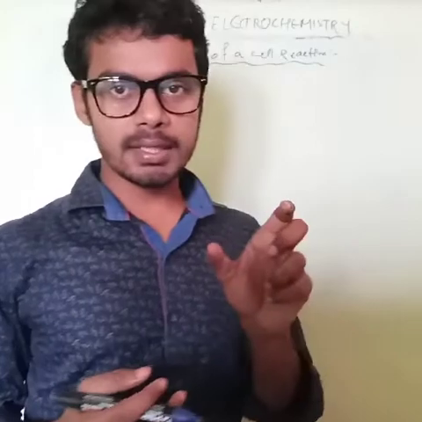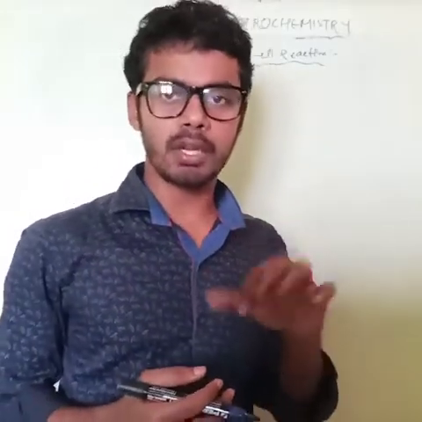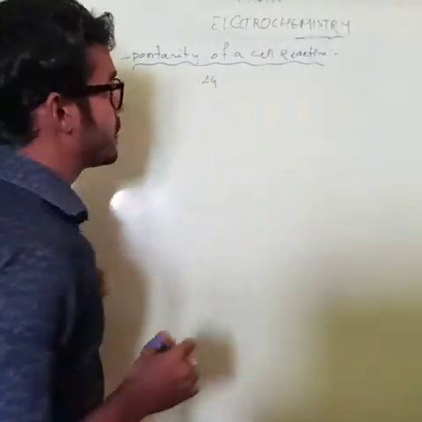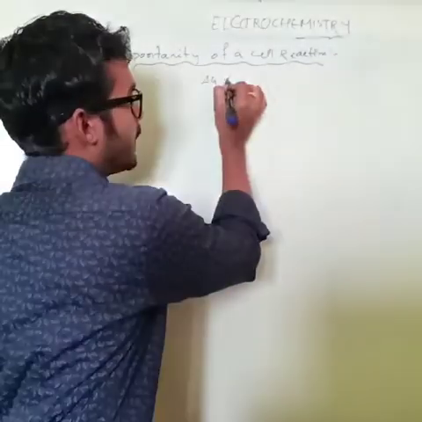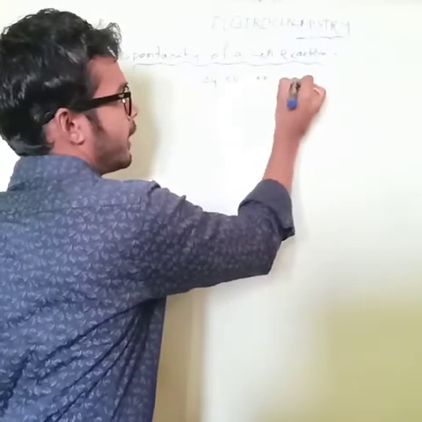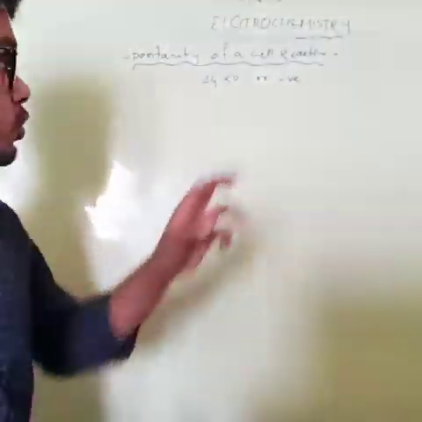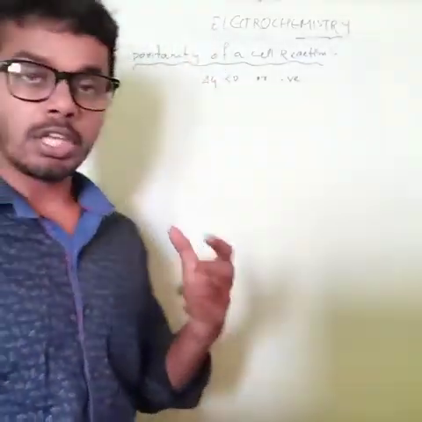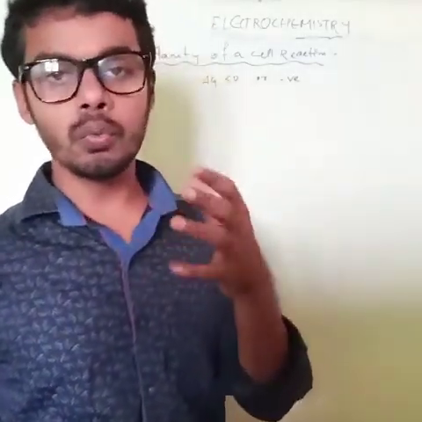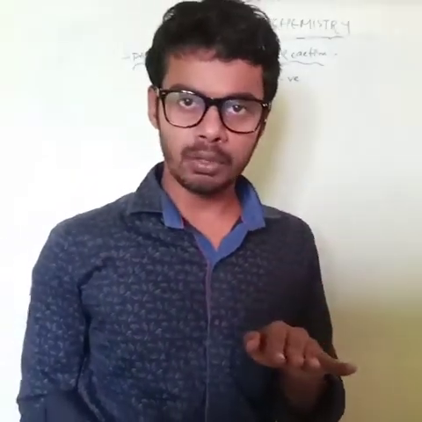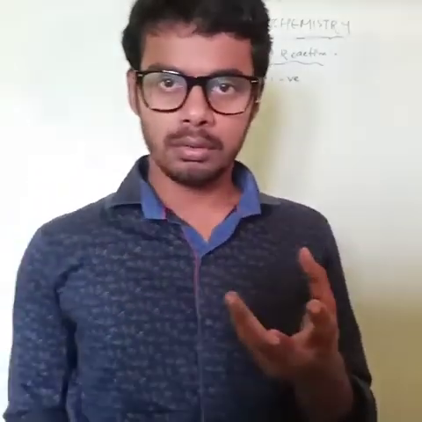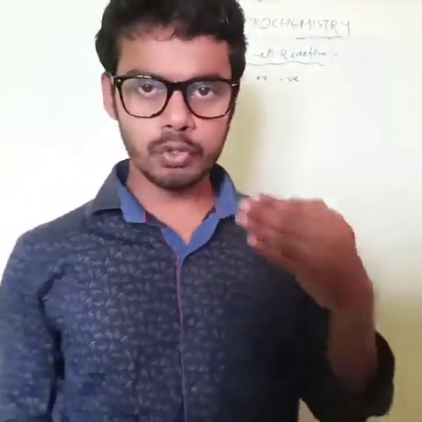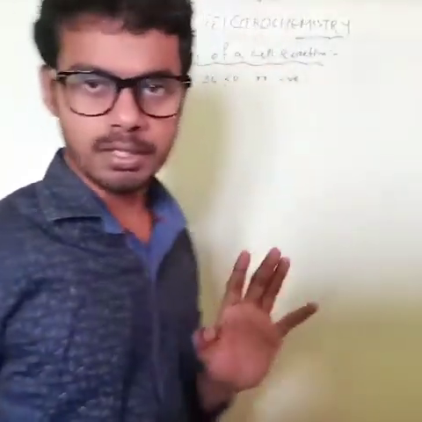A reaction is said to be spontaneous when del G is less than 0, or del G is negative. So what is del G? Gibbs free energy is the energy associated with the system to do useful work.